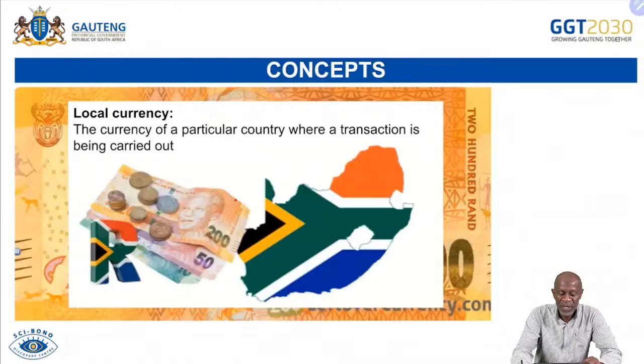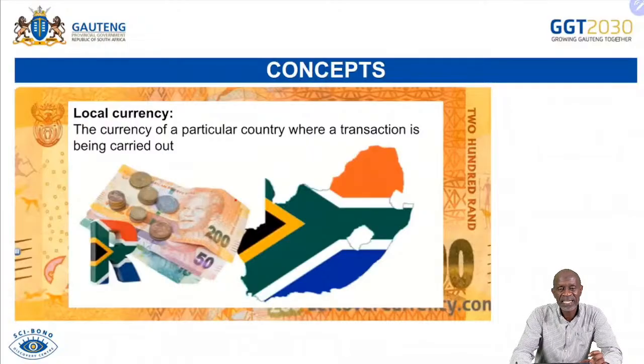So they will exchange your rands into pula, and thus pula becomes the local currency in Botswana. You get to Botswana with your foreign currency, which is rands. So you exchange it into pula, and then you start using the pula in Botswana, because pula is the local currency of Botswana. You are not allowed to use rands.